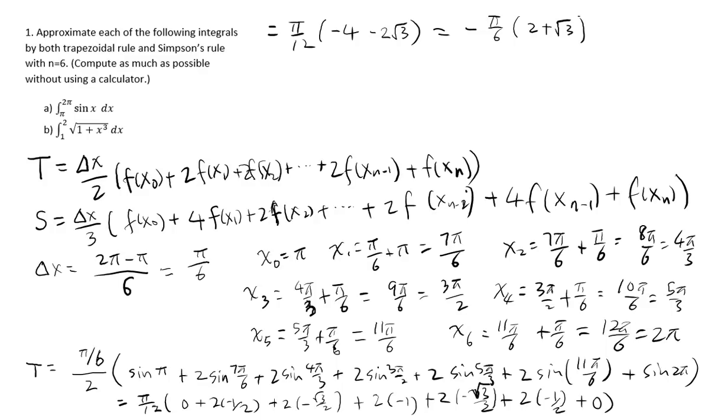Okay, now what about the Simpson's? Simpson's would be pi over 6 divided by 3 this time. But then instead of having 1, 2, 2, 2, 2 all the way to 1, these will be 4. This will be 4, and that will be 4.